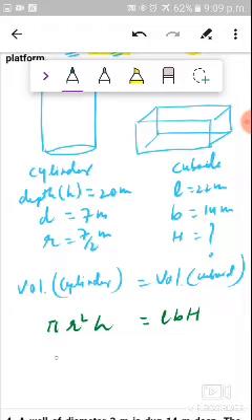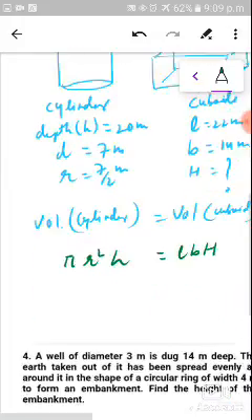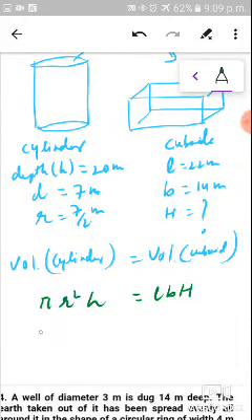Okay, so is anything given for pi in the question? No, so we will take that as 22 by 7, and for the cylinder the radius is 7 by 2 multiplied by 7 by 2, and the height of the cylinder is 20.